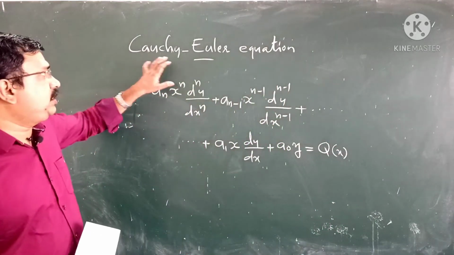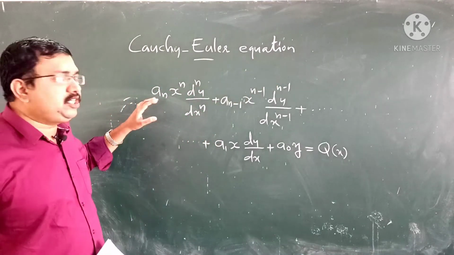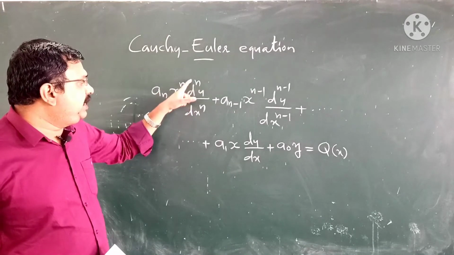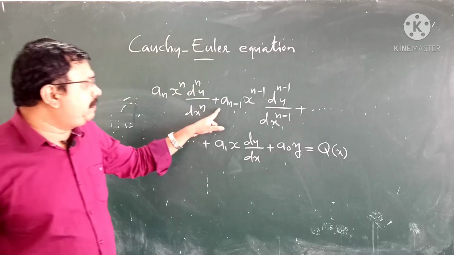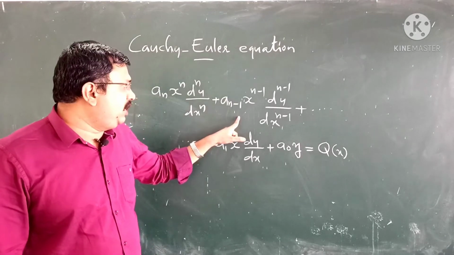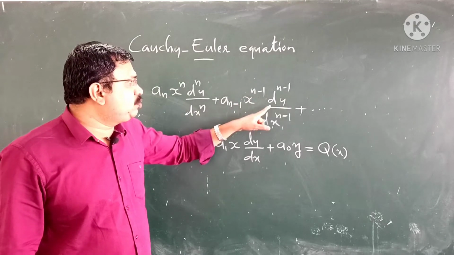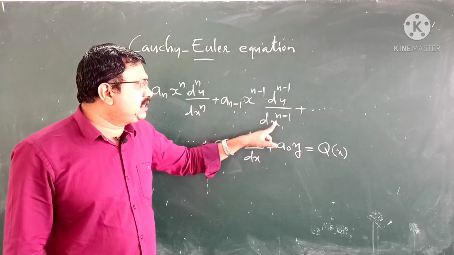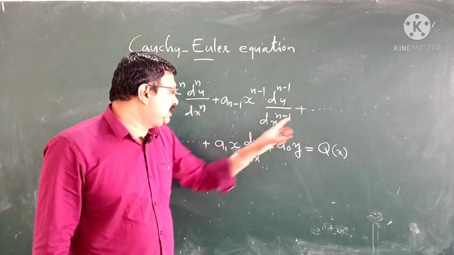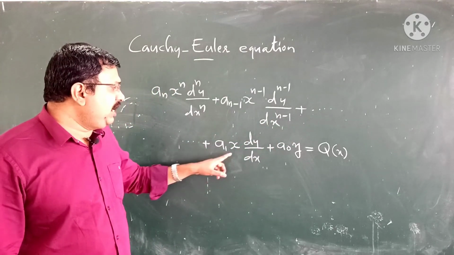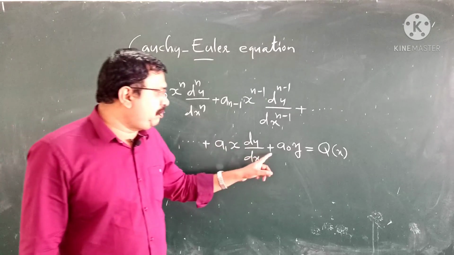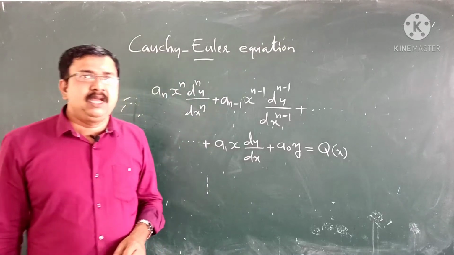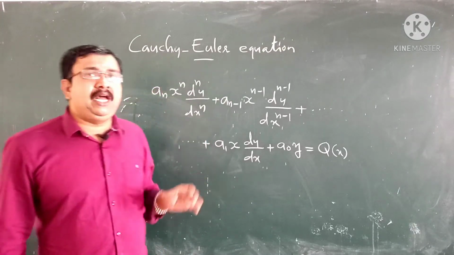Okay, that is the Cauchy-Euler equation, an equation of the form a_n x^n d^n y/dx^n + a_(n-1) x^(n-1) d^(n-1) y/dx^(n-1) + etc. + a_1 x dy/dx + a_0 y = q(x).